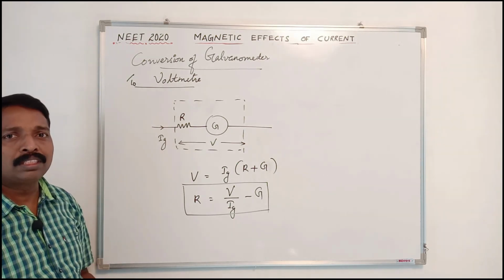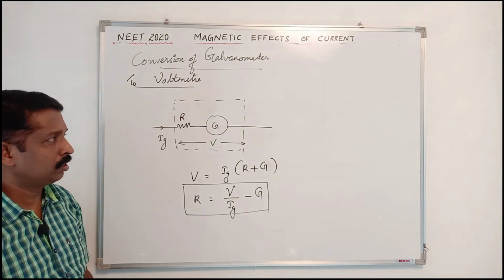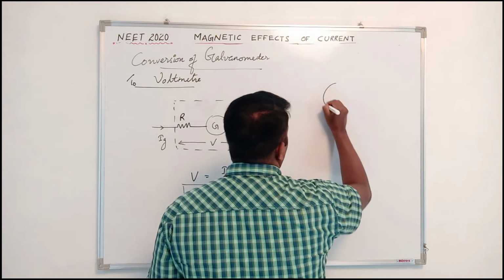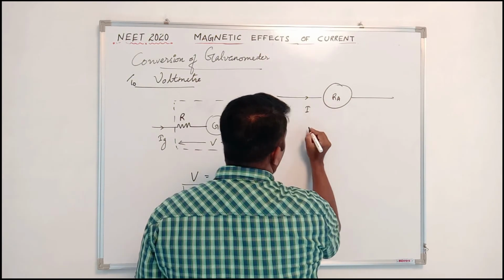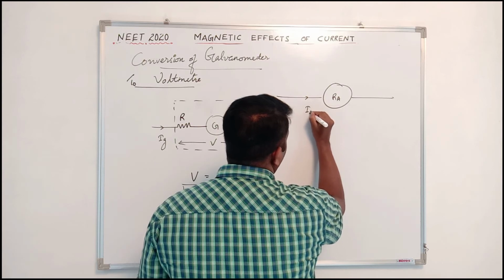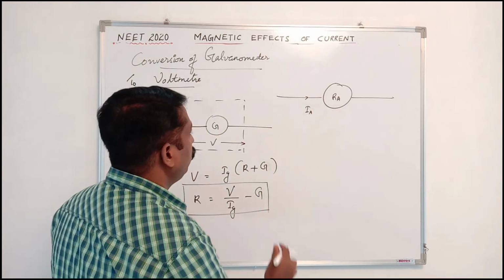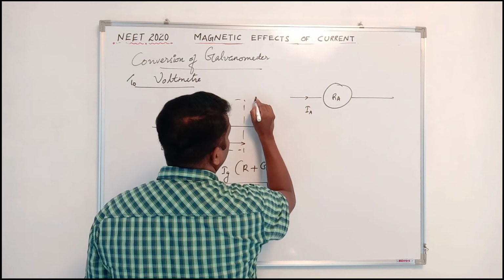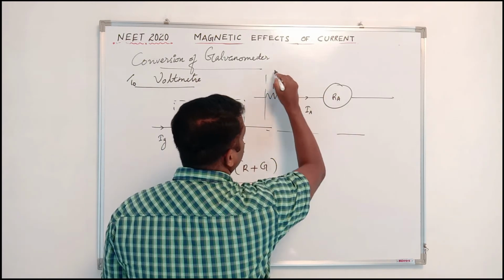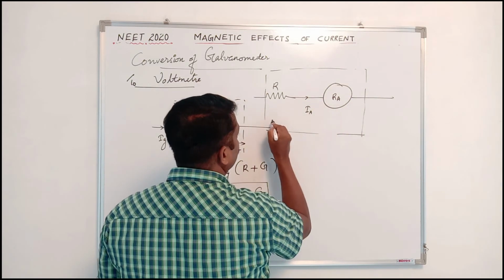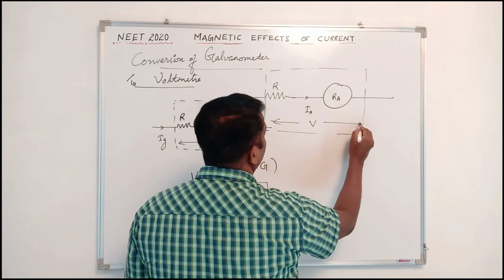How will you convert an ammeter to a voltmeter? See, this is an ammeter of resistance Ra, which holds a current Ia, that is the ammeter current. If you connect a very large resistance R here, then the ammeter is converted to a voltmeter. So this is the voltage across the ammeter.